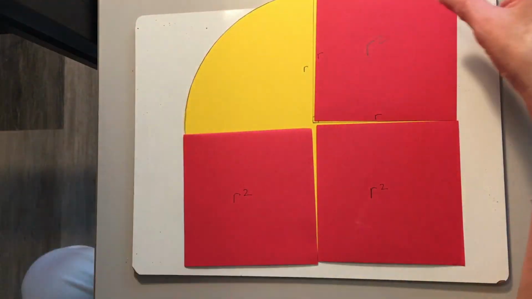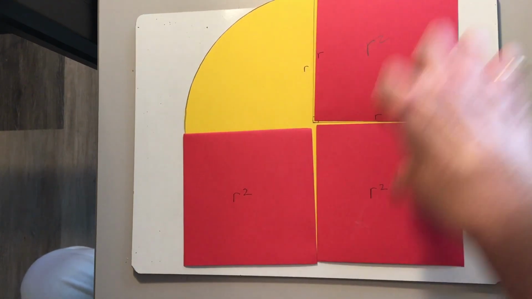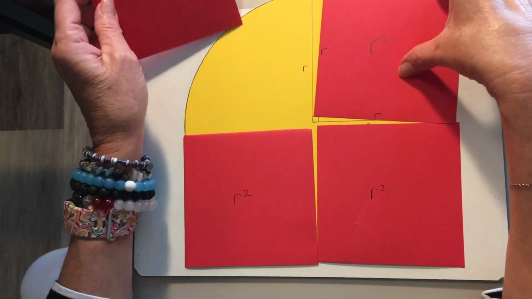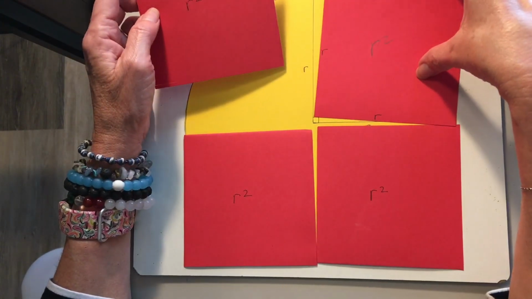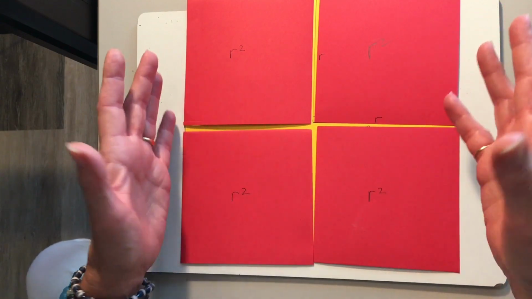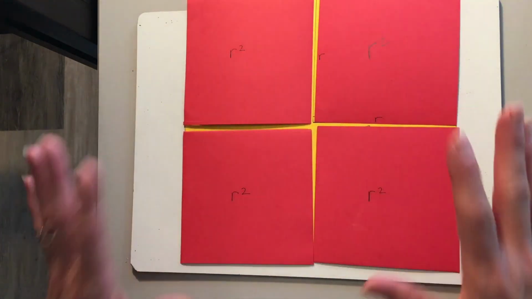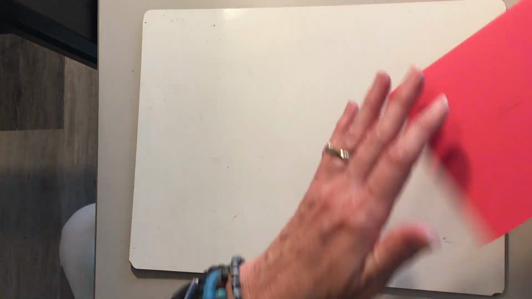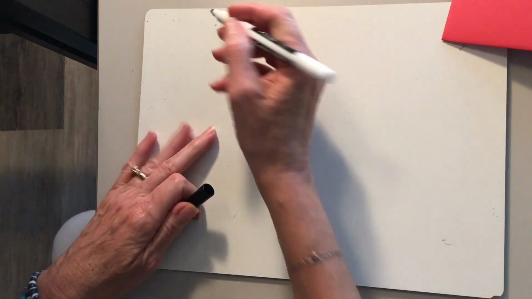Well, it's not quite that, but three 9s would be 27. So the area of a circle that has a radius of 3 is going to be between 27 and 36. Well, we know between 3 and 4 actually has a name or a figure, and that is pi.